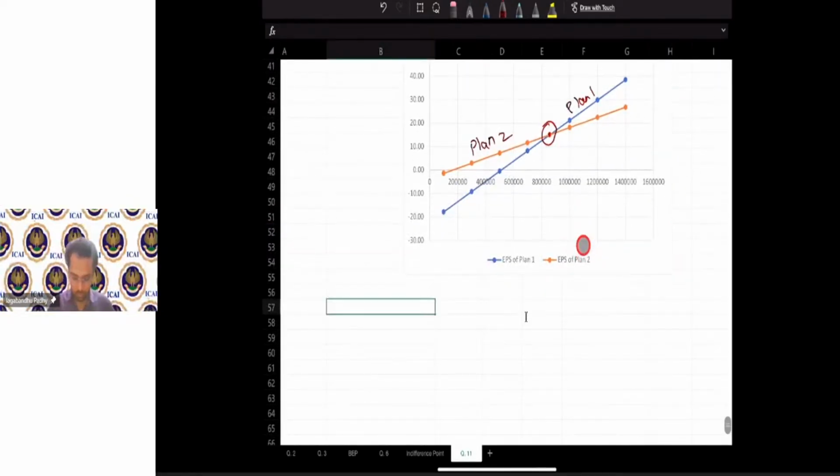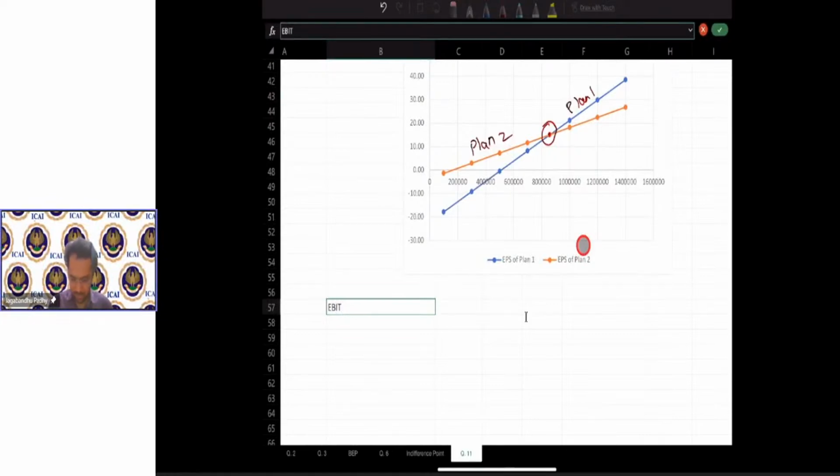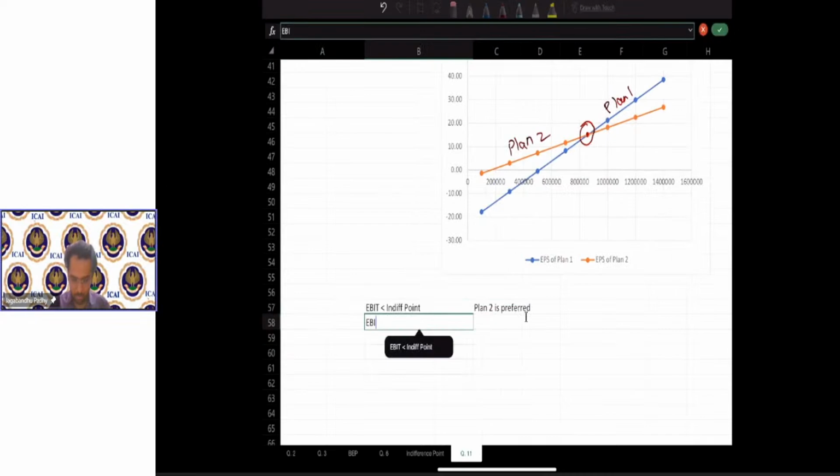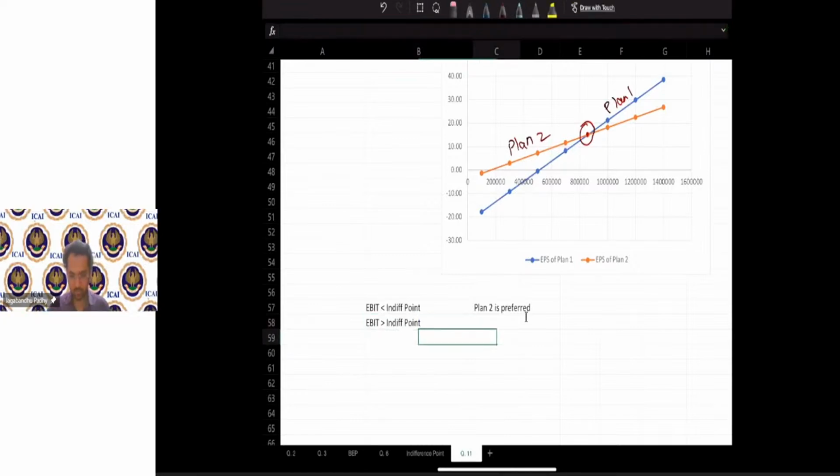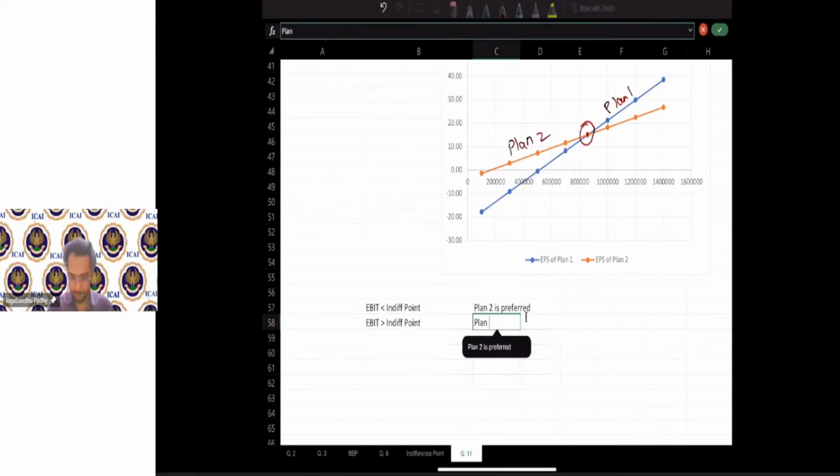So if EBIT is less than the indifference point, plan 2 is preferred. And if your EBIT is greater than the indifference point, plan 1 is preferred.